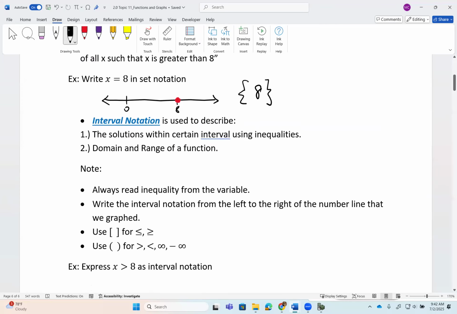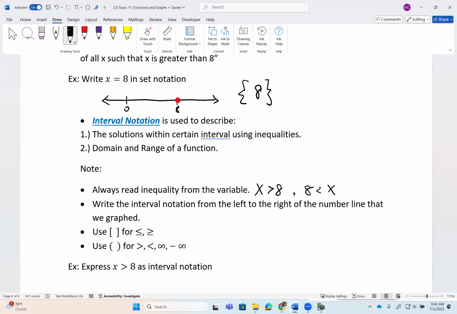Generally speaking, we always read the inequality from the variable, as we did before when we reviewed graphing inequalities. If you read x greater than 8 this way, and if I write it this way, x greater than 8, reading from the variable, you are saying the same thing. So we will write the interval notation from left to right, the way we read the number line.